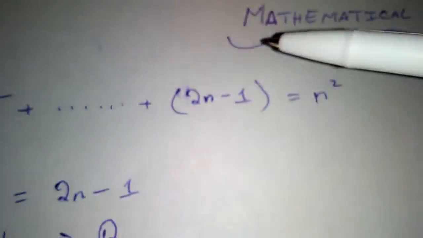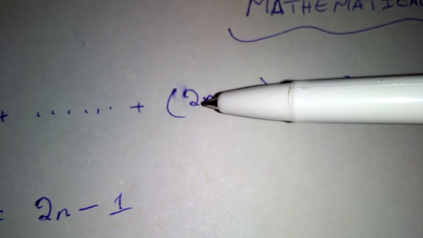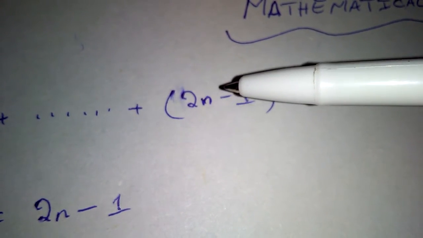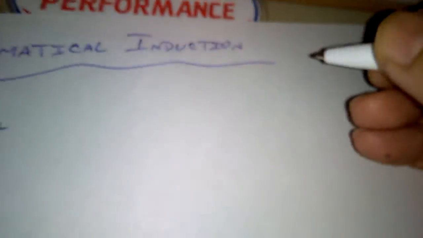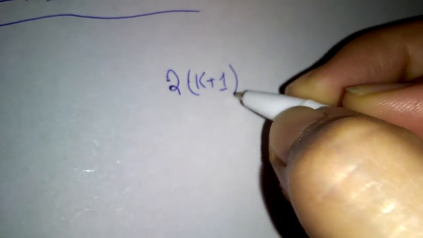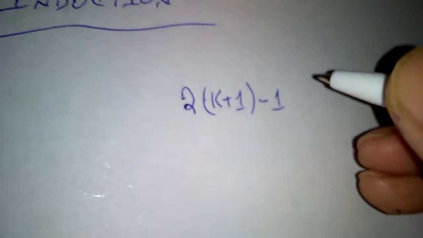So you see, when I put k plus 1 at the place of my n over here, what form I'm going to get, let's see in rough. So I'm solving.